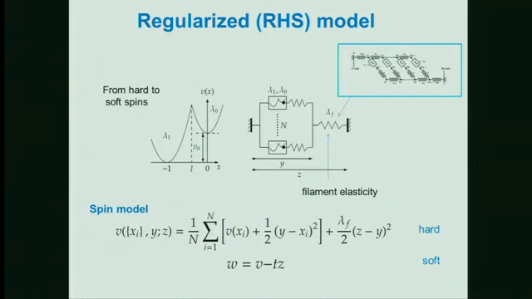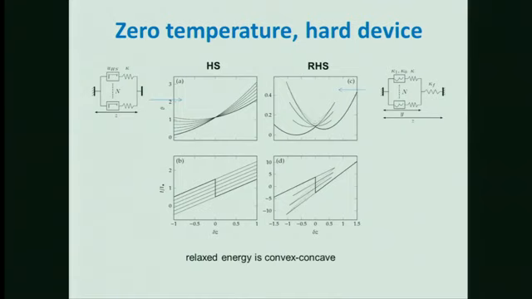But it turns out that now we have this mean field interaction in both the hard and soft device. So adding this element is the important factor allowing us to eliminate the degeneracy of the original Huxley model in a hard device. We'll call this the regularized Huxley-Simons model, while the Huxley-Simons model already captures the main effect. Okay, so we can look at zero temperature behavior.